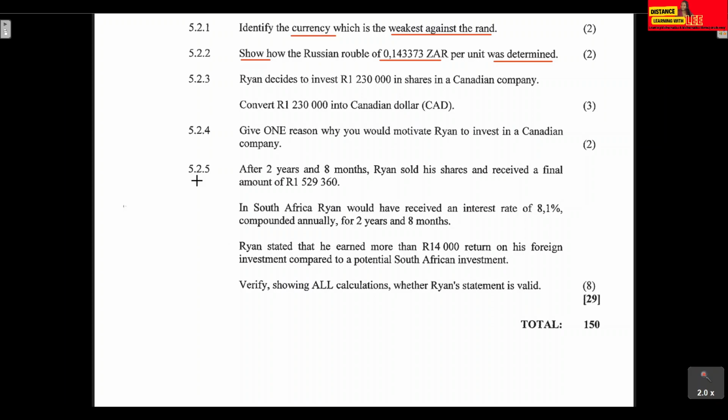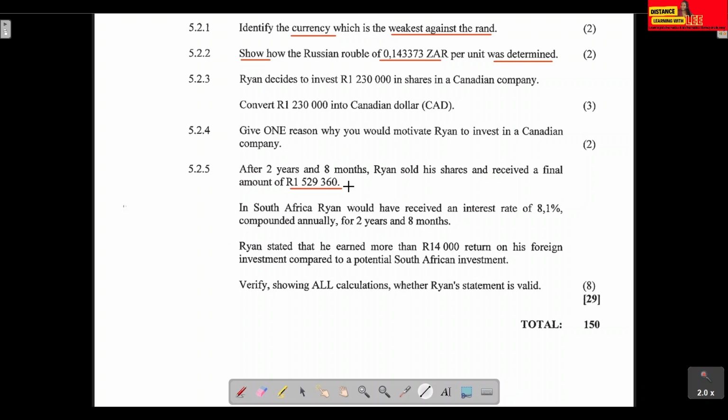After 2 years and 8 months, Ryan sold his shares and received a final amount of 1,529,360. In South Africa, Ryan would have received an interest rate of 8.1% compounded annually for 2 years and 8 months.